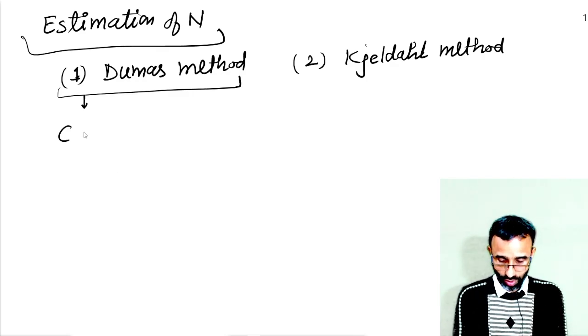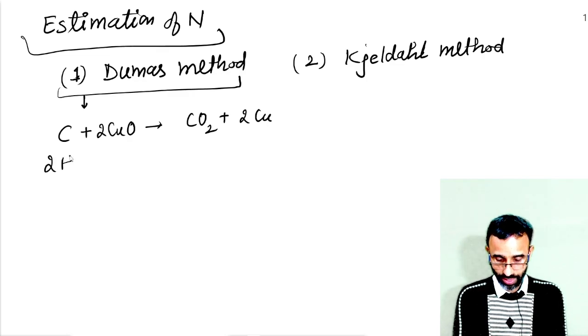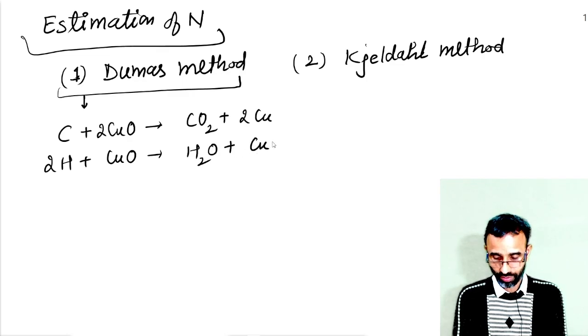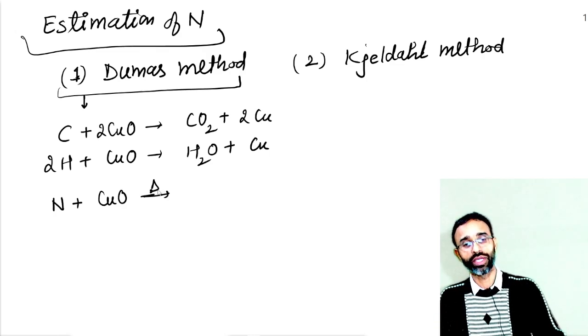So carbon is converted into carbon dioxide, hydrogen into H2O, that we have already done, and nitrogen present in the organic compound, in the presence of cupric oxide on heating, and then again there is a reduced copper there.